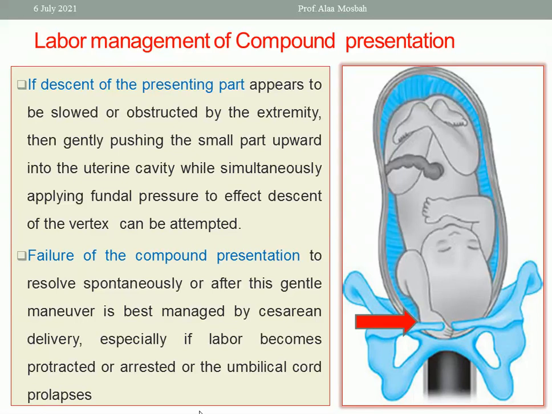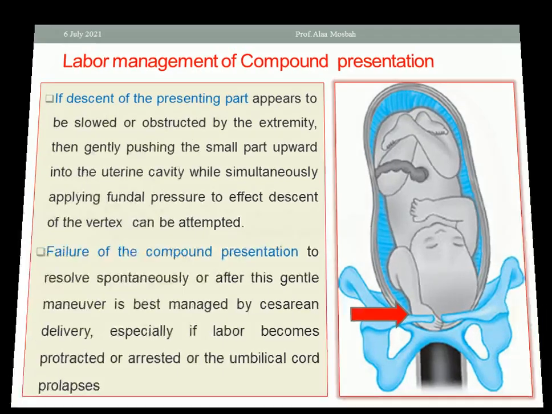The best treatment will be cesarean delivery, especially if there is protracted or arrested cervical dilatation and descent, or another emergency situation, which is umbilical cord prolapse while the cervix is not fully dilated. So you should do cesarean section as an emergency case.